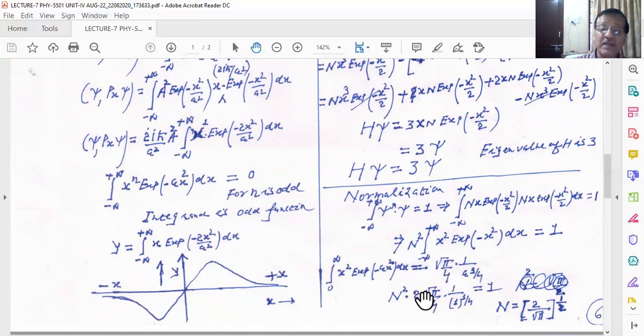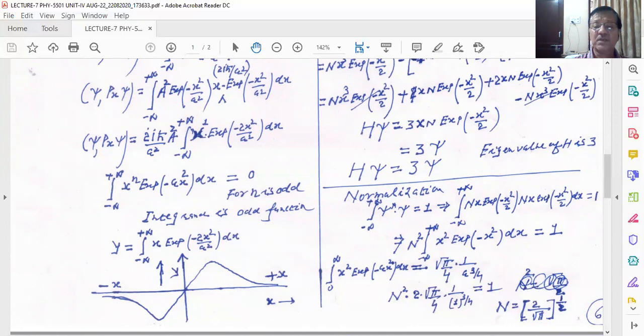But I have to multiply by 2 because it is carried out from minus infinity to plus infinity, and you have a multiplier constant N squared. So N squared times 2 root pi by 4 times 1 upon a to the 3 by 4, and here a is 1, so that is why you get 2 upon root pi, raised to half. You can verify this; I have calculated this value.